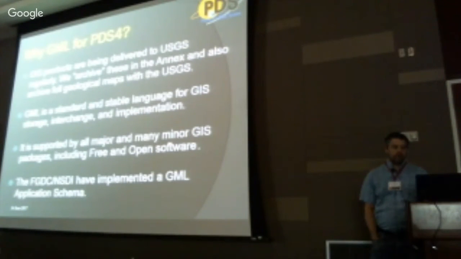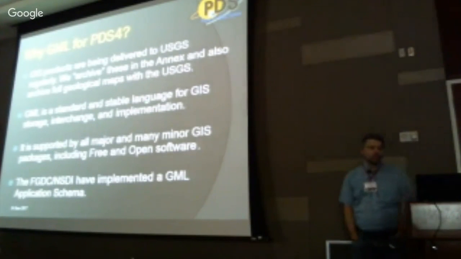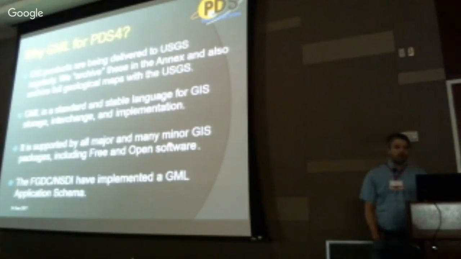The GIS products that are being delivered to the USGS regularly do not fully meet archival standards at this time. We are working to improve that, but at the same time, we're working in parallel to improve PDS4 archival.